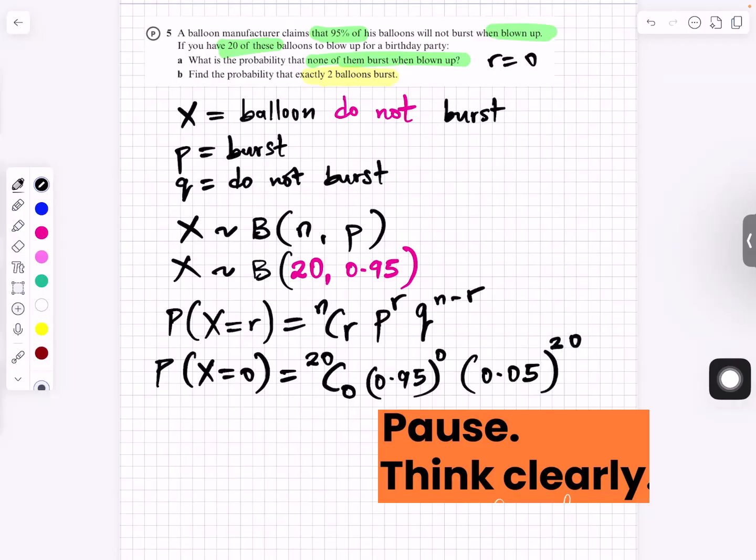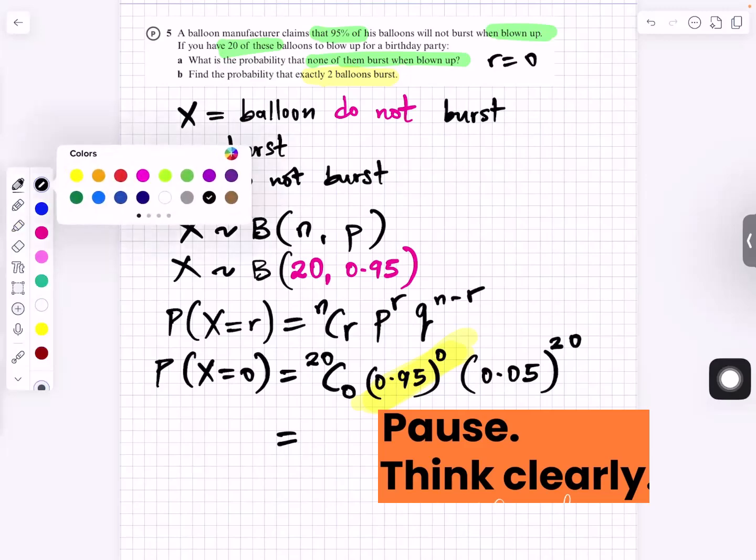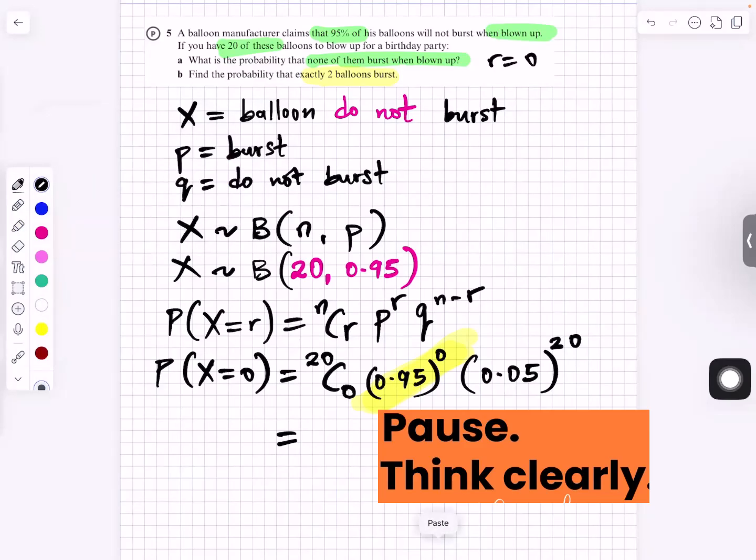Now, this one, you can easily do without a calculator. Anything to the power 0 is 1. And then 20C0, put down your calculator and tell me. Isn't that just 1? Yes. And then what do you go? 0.05 to the power 20.